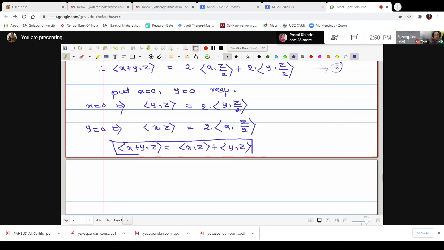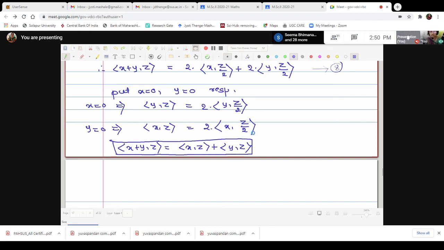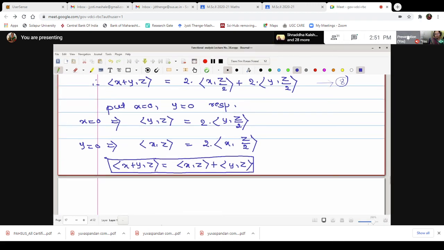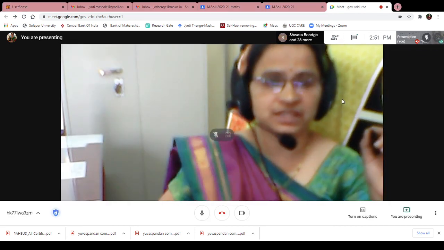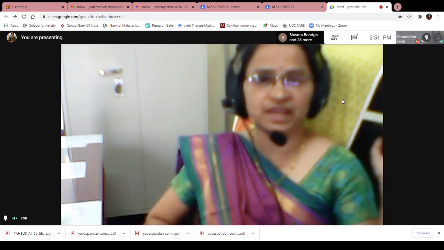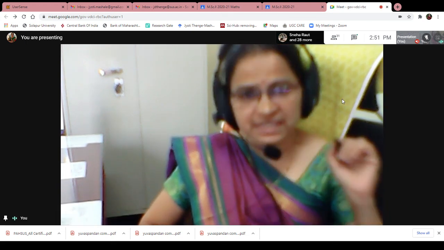If you are having any doubt on this, you can please ask me till this. Now the last step remaining was to prove the linearity property with respect to scalar multiplication. In all the examples we have seen till now, proving the fourth property of scalar multiplication is an easier job.